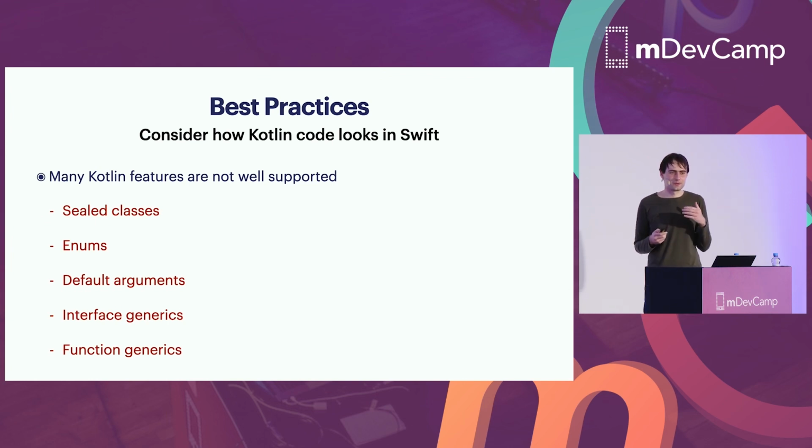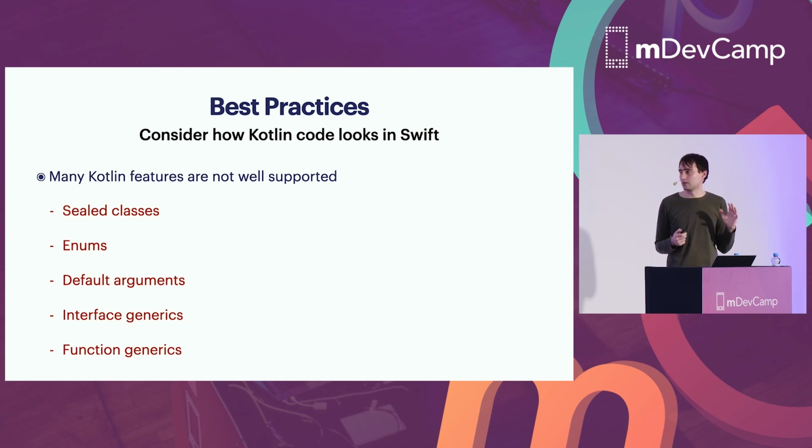You also don't have any default arguments. So if you have an API that is based on immutability and data classes, and you rely on a copy method to create new objects from those data classes, keep in mind that on the iOS side, the copy method requires all the parameters to be provided. Not a good experience. We also don't have any generics for interfaces and functions.